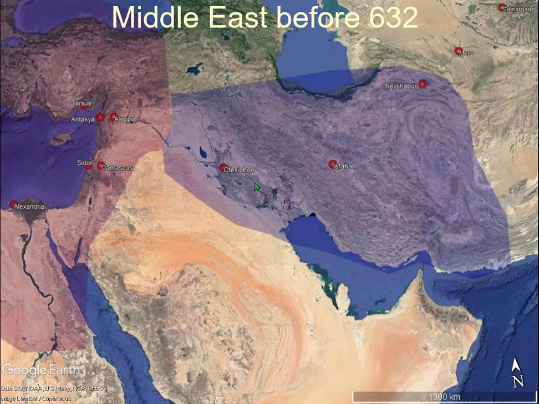So this would be the Sasanian Empire, including Mesopotamia. And around the Mediterranean would be the Roman Empire, later the Byzantine Empire, who really thought they were just the Roman Empire, later with a different capital. So the Mediterranean world and the Persian world.